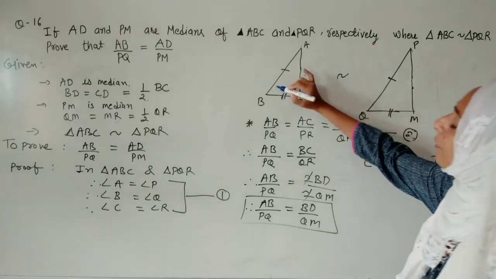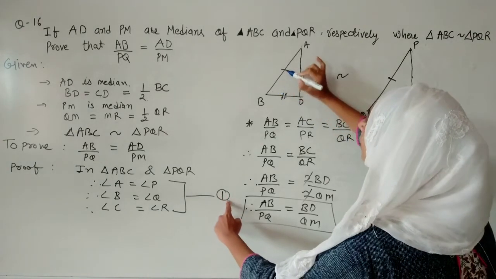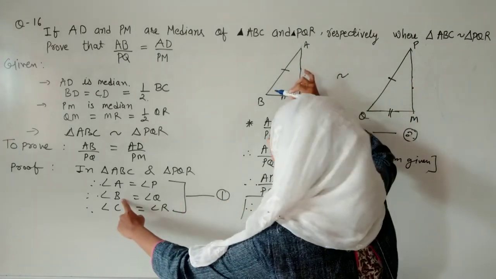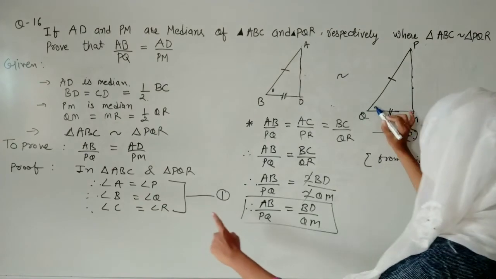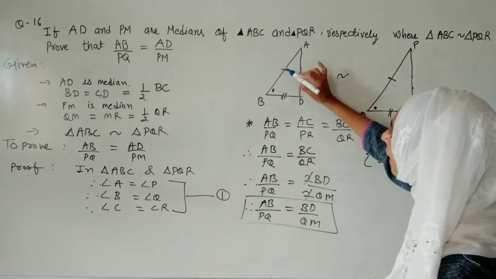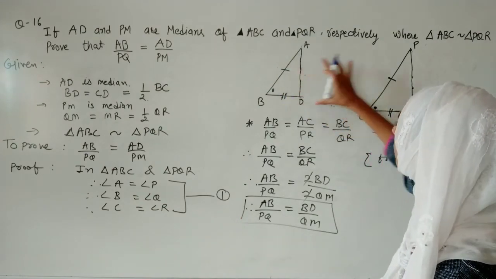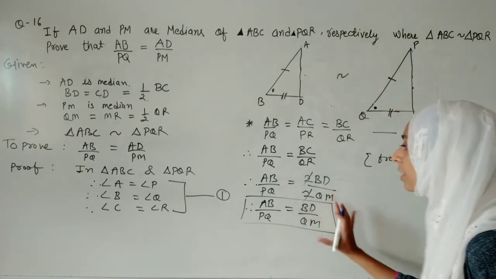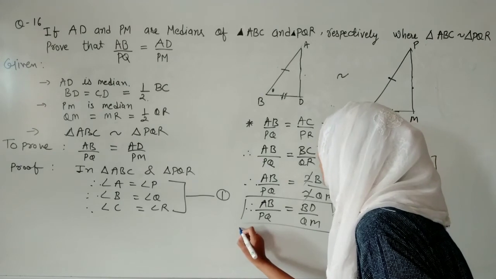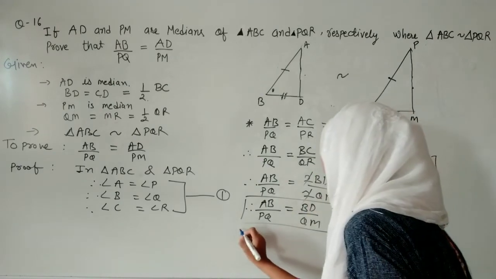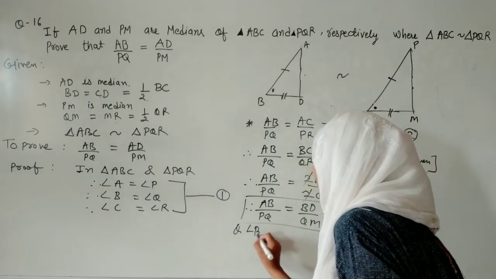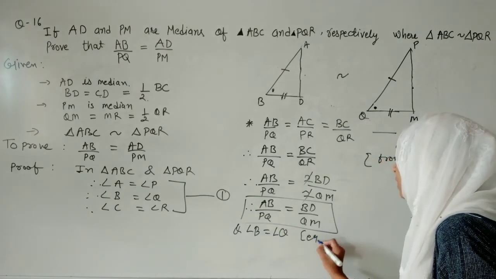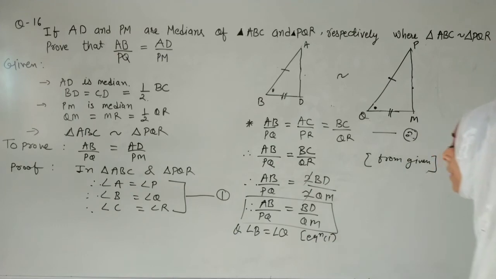So we will directly use this equation 1, because we got the ratio of two sides, and here angle B and angle Q. So we can use the side-angle-side criterion and prove these two triangles similar. Here I will mention what is the same: angle B is equal to angle Q. From where have we written this? From equation number 1 we have written it.